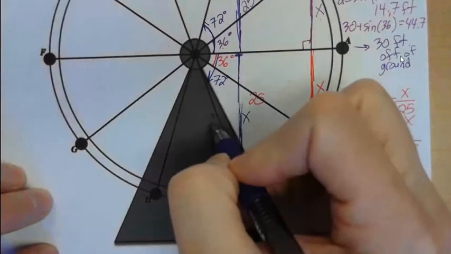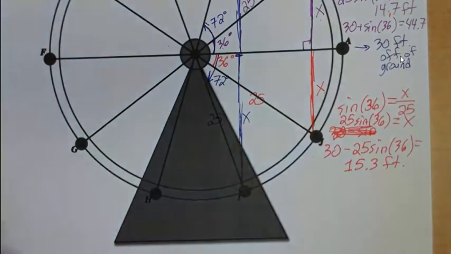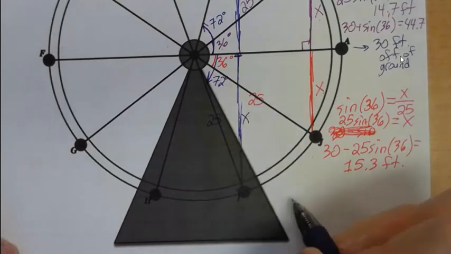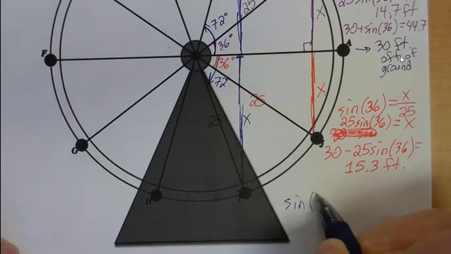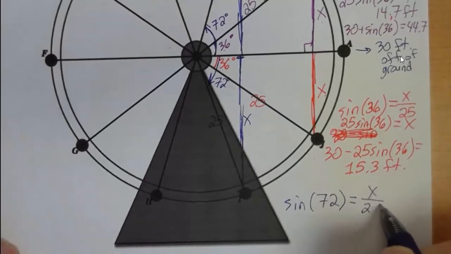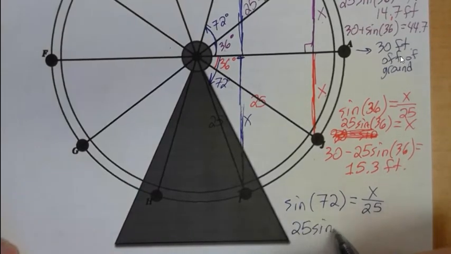And we still know that our radius is 25. So the sine of 72 degrees would be x over 25.